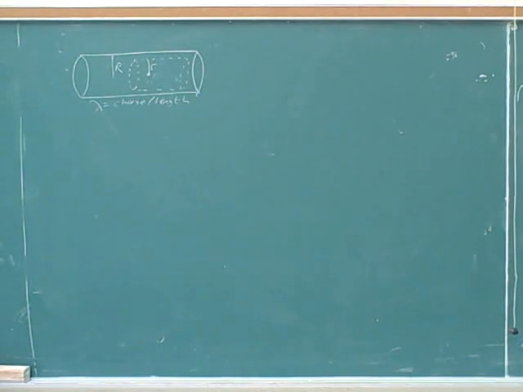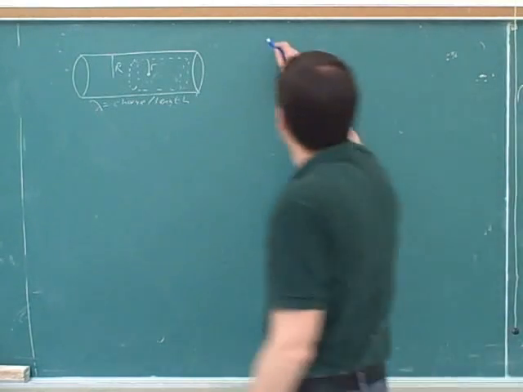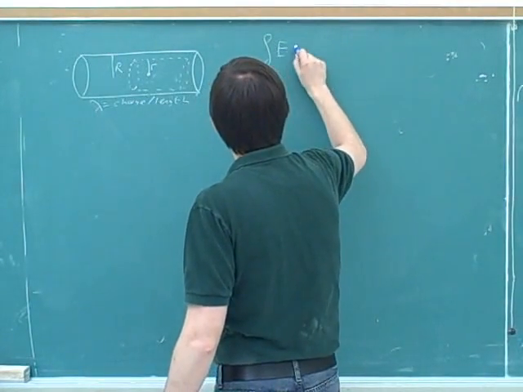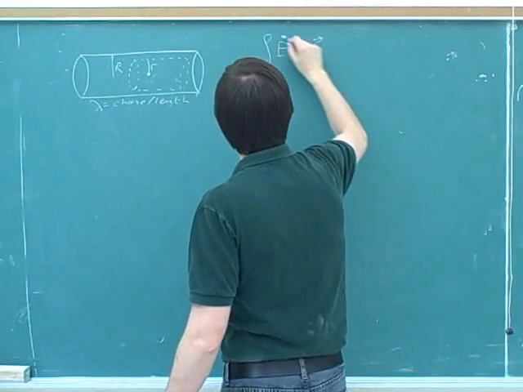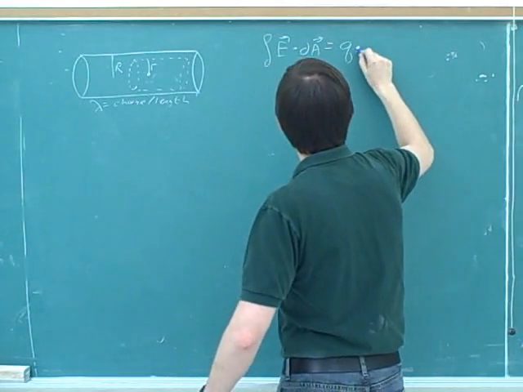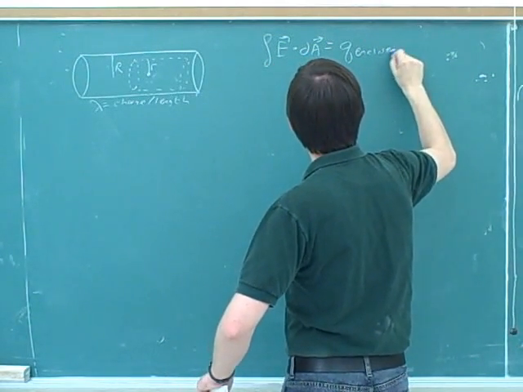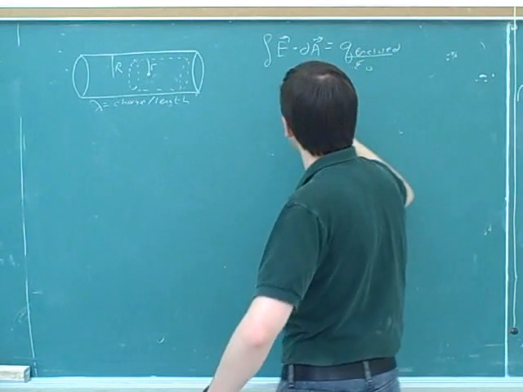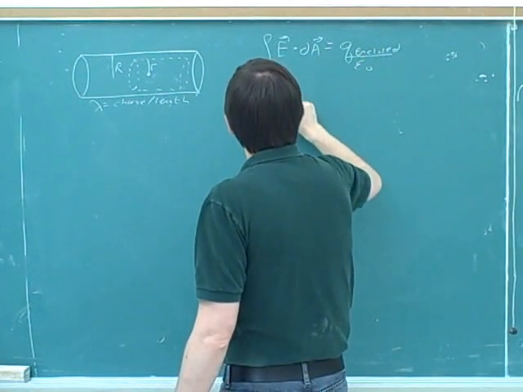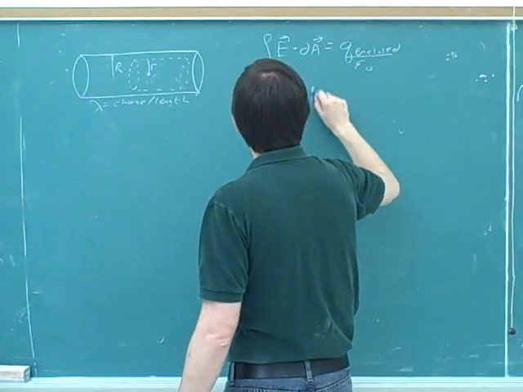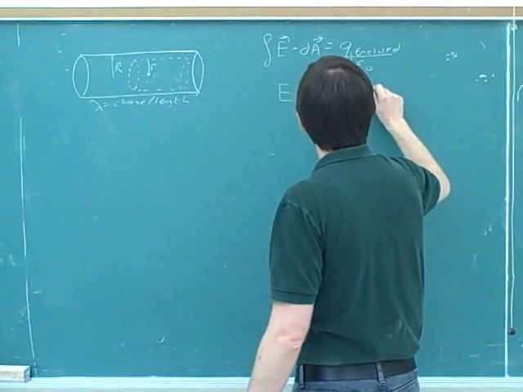So it's E times area, and that's equal to Q enclosed over epsilon naught. And we know that the area is 2 pi little r times length.